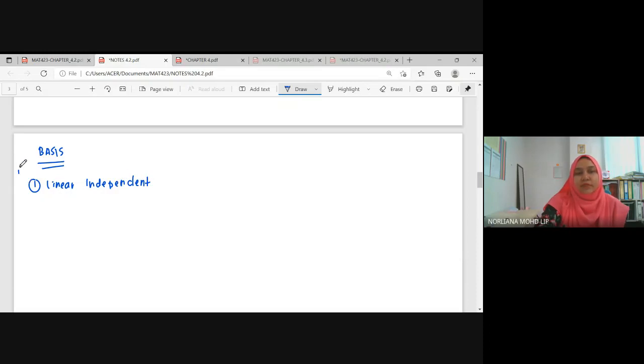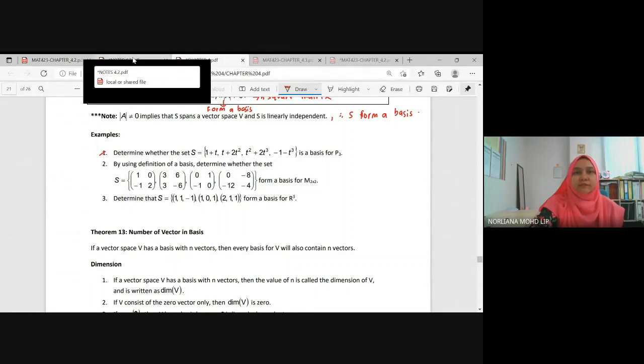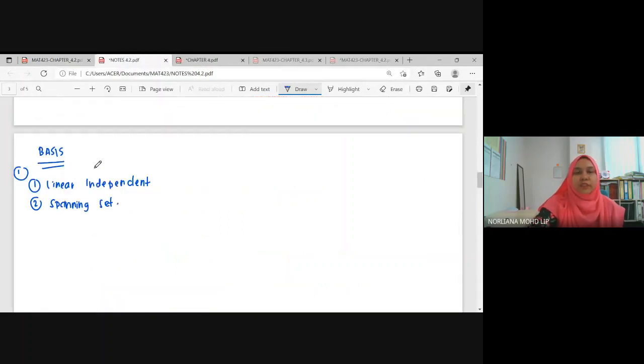Ini soalan nombor 1. Yang kedua kena proof spanning set. Okay, first apa yang perlu buat? Kita masukkan dalam linear combination dulu. Untuk proof linear independent kan.